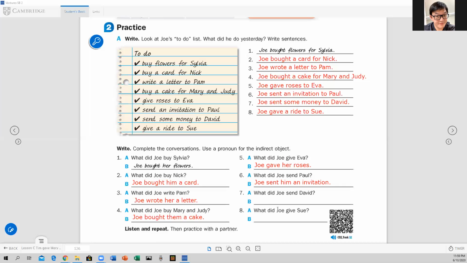Number 7. What did Joe send David? Joe sent some money to David, or Joe sent him some money. Okay?